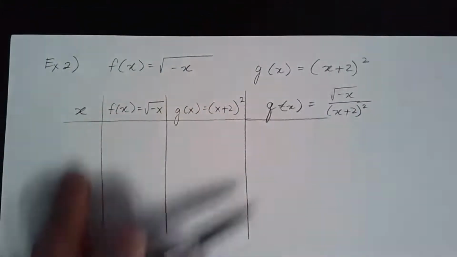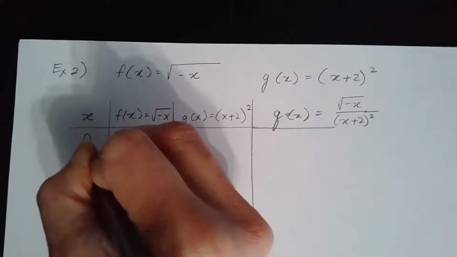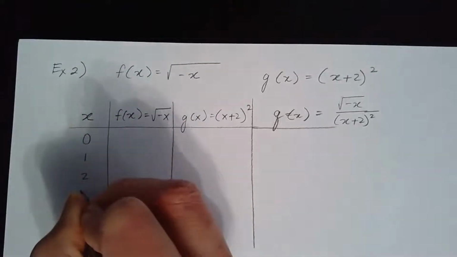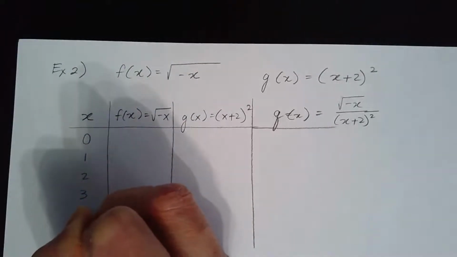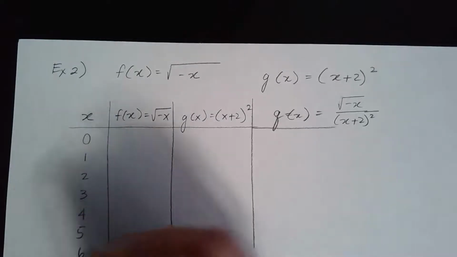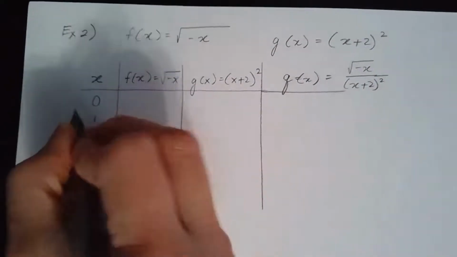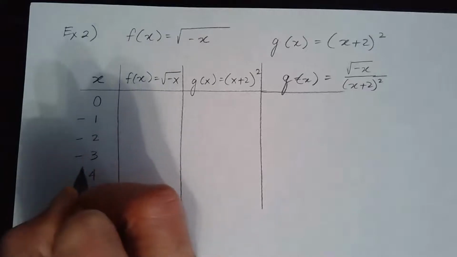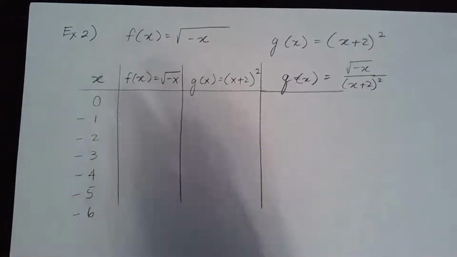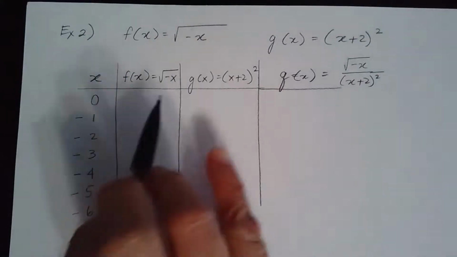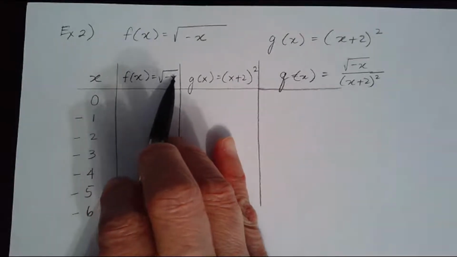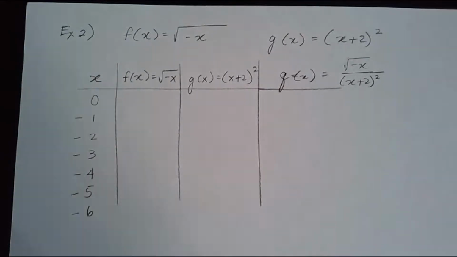So let's pick any values for x in here. X is going to be 0, negative 1, negative 2, negative 3, negative 4, negative 5, negative 6, and these are all negative. Yes, it has to be negative because the domain of that function is x less than or equal to 0.